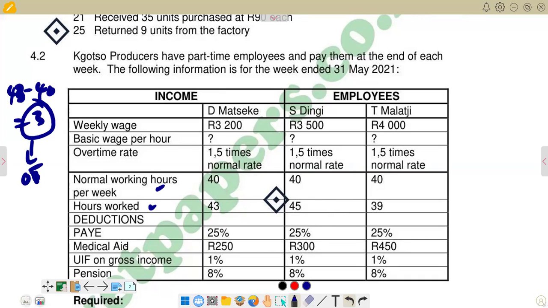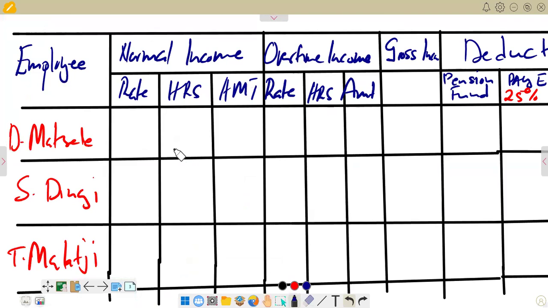So we can fill in the number of hours. For normal, we have 40 for the first one, 40 for the second, and 39 for T Malaji.